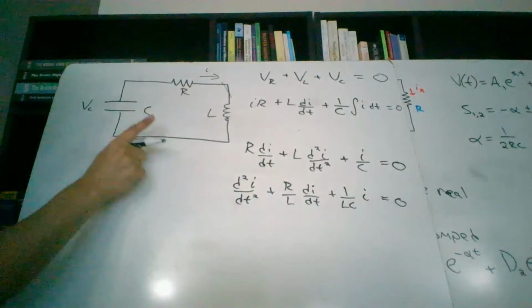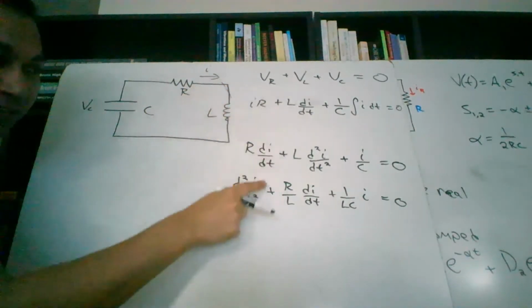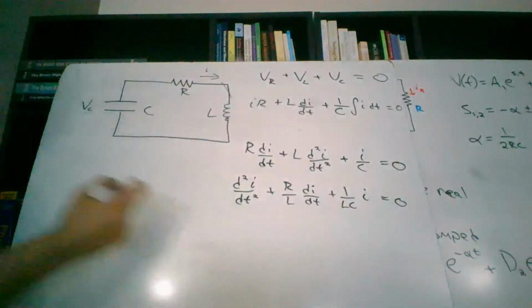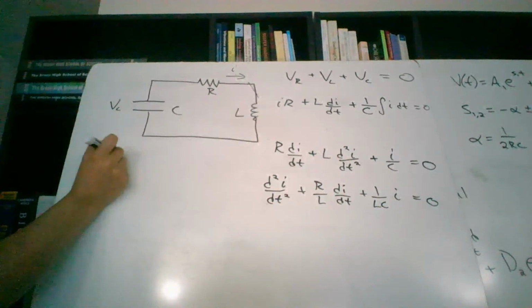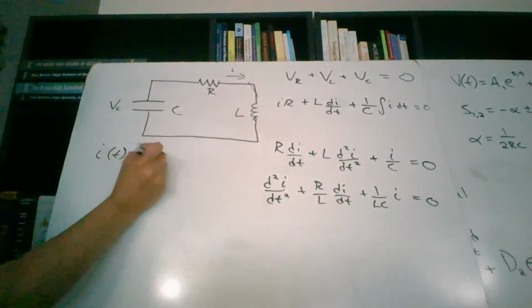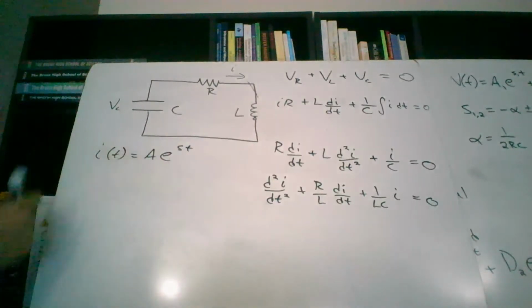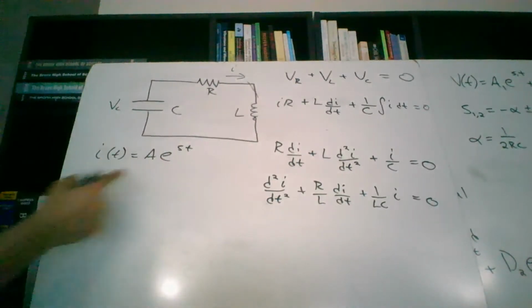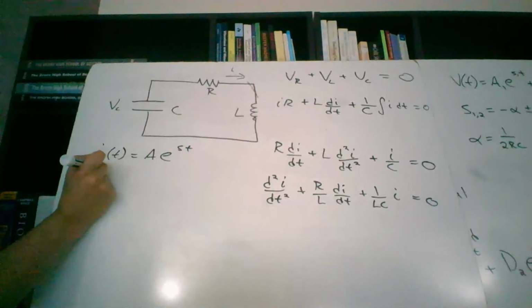When we're doing series circuits, we start off with the voltages and we get derivatives of the current. So now our solution is going to look exactly the same. We're going to make our guess. I as a function of t is going to equal A e to the power st. And then we take the second derivative and the first derivative of this and plug it back into here, just like we did before.